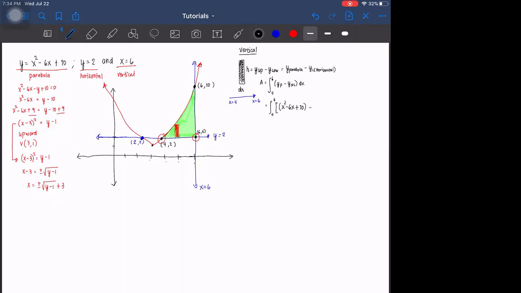It's direct, right? Because the y on the lower is 2. Where did I get 2? From the equation, y equals 2, right? So the area is the integral from 4 to 6 of x squared minus 6x plus 8 dx.